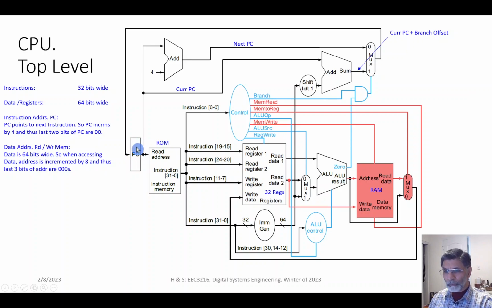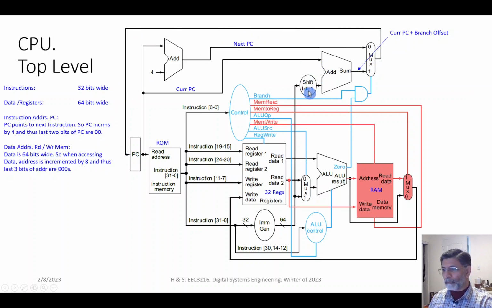which I'll talk more about in a while. So current PC value is coming from there, and the next PC is the current PC added with 4. This is an adder, as this is all hardware we are talking about now. So this adder adds 4 to the current PC and gives you the next PC. Typically you'll be getting the next PC here.